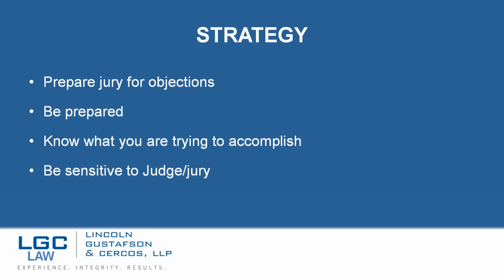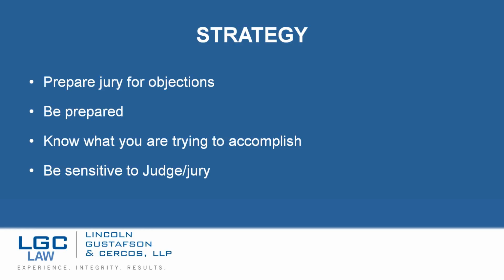The next strategy point is know what you are trying to accomplish. And by that I mean, unless you're trying to and believe you can actually get evidence excluded, oftentimes it's not worth making objections.